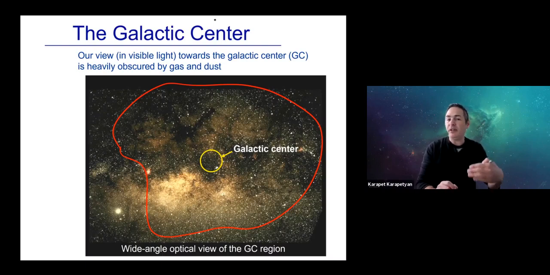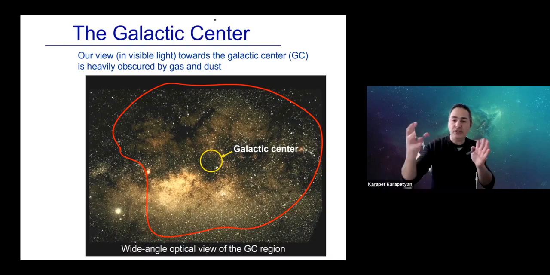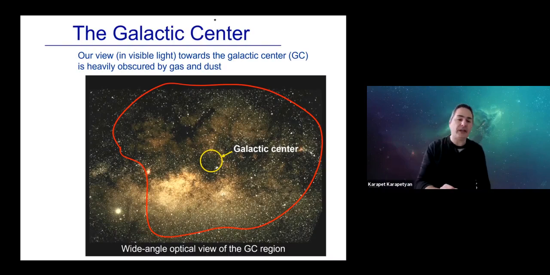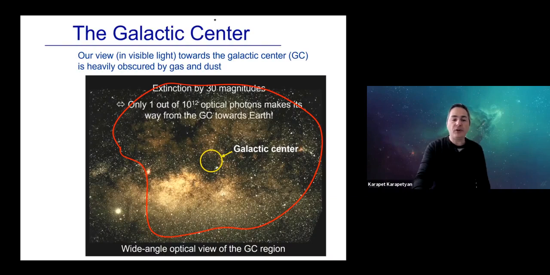Our eyes cannot see infrared, ultraviolet, or X-ray, but we can create a telescope or detector that can receive that information and convert it to something that we can understand. And that's what we have. So there is what we call extinction by 30 magnitudes.